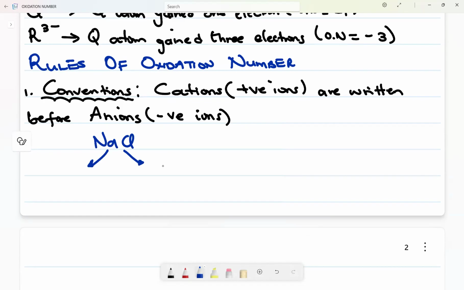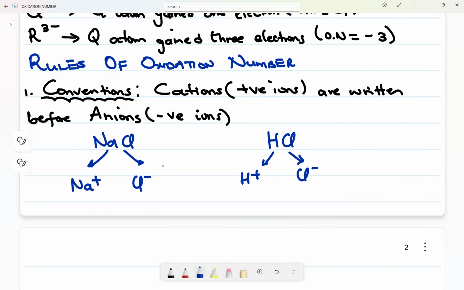But now the convention says start first with the cations, which one is positive between the two, the sodium. So it's going to be Na+, and then the last will be Cl-. Similarly when I have HCl, it is H+, and then lastly the Cl-.